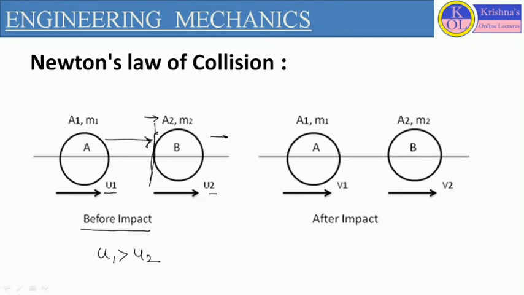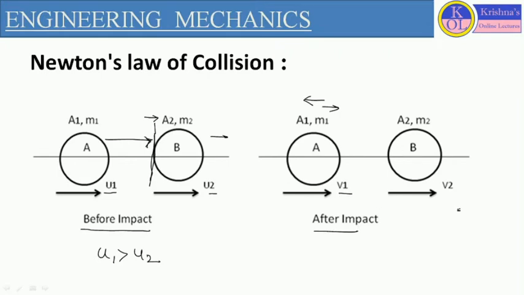This contact creates an impulsive force, and that impulsive force tries to separate both bodies. After the collision, the velocity of both bodies will change. Body A can move in the opposite direction, or it can move in the same direction. It depends on the magnitude of the impulsive force, as well as on the material of the body. So let us consider the final velocities of both objects after impact, after the collision for a very short interval.